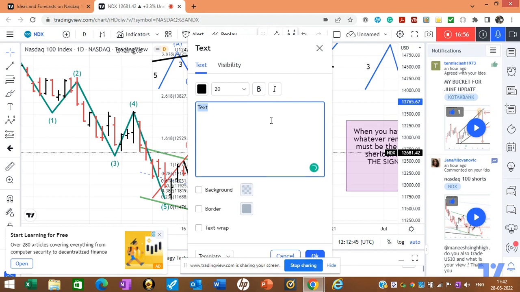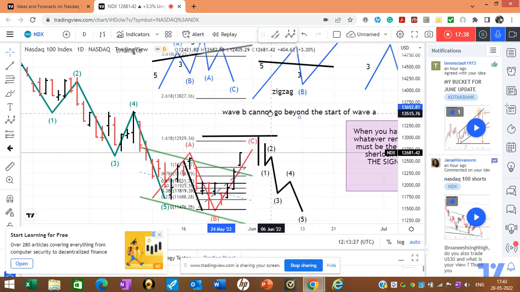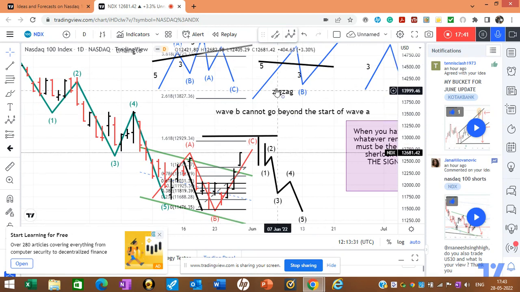This was overlooked, that wave B cannot go beyond the start of wave A. So this is one of the basic rules of zigzag. Wave B cannot go beyond the start of wave A.